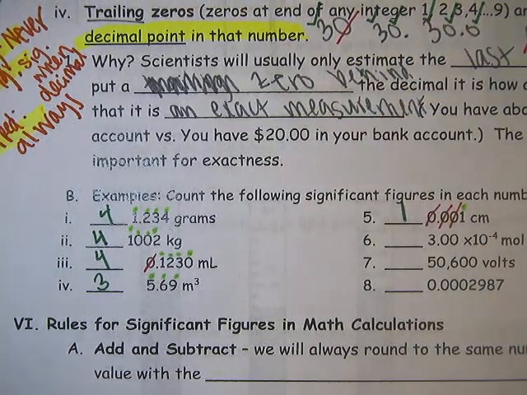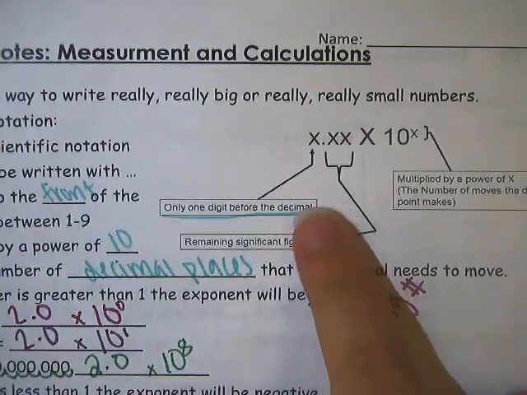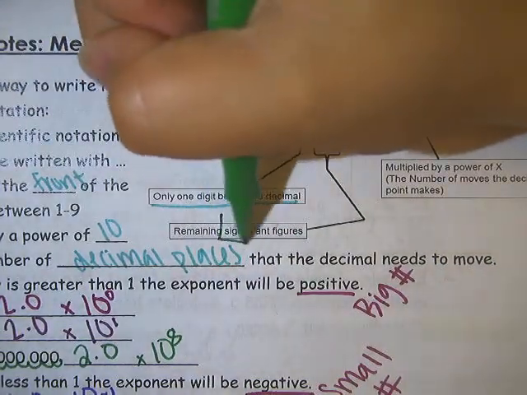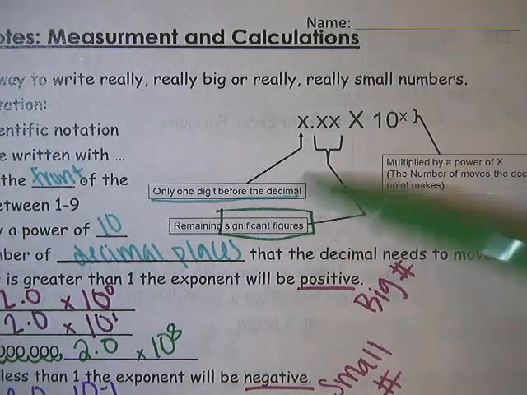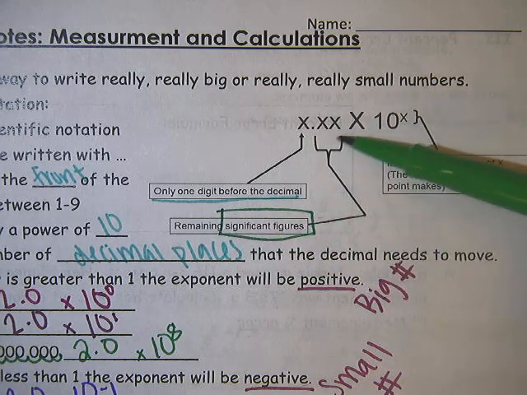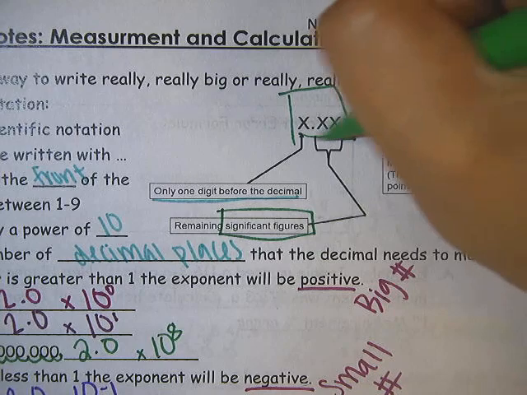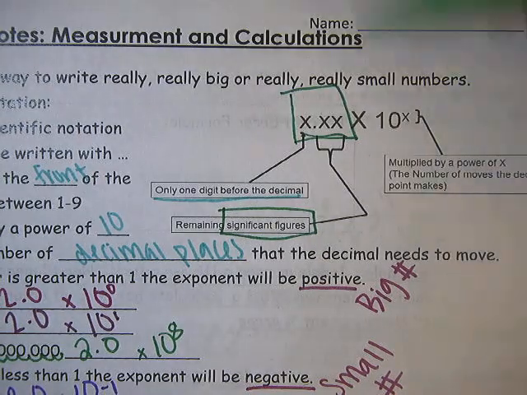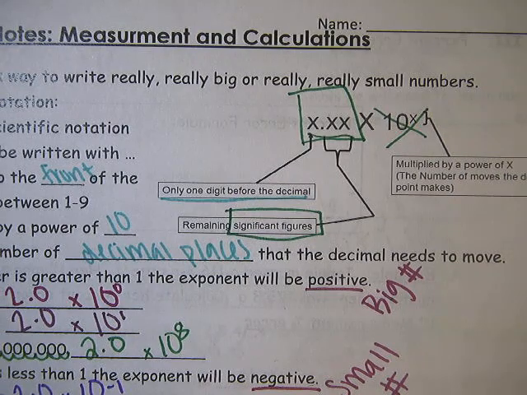Perfect. Scientific notation, if you remember from the front page of our notes when we talked about scientific notation, we used this term significant figures, but we didn't really know what it meant yet. So if you're looking at this, there's only one digit before the decimal, and then remaining significant figures come back here. So in scientific notation, this whole thing is going to be significant, and this is just a placeholder to tell you how many times to move the decimal.